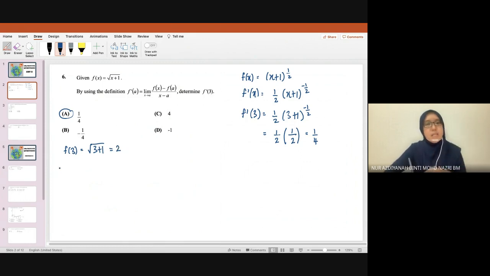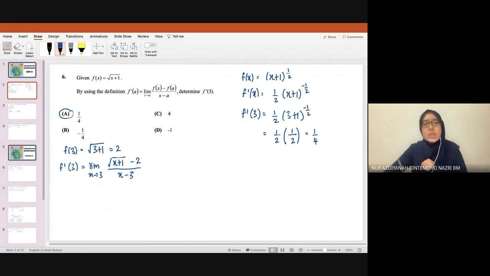So we substitute into the definition. For f prime 3, we have the limit as x approaches 3, where f(x) is the square root of x plus 1, minus 2, minus f(a), so minus 2, over x minus a, where a is 3.